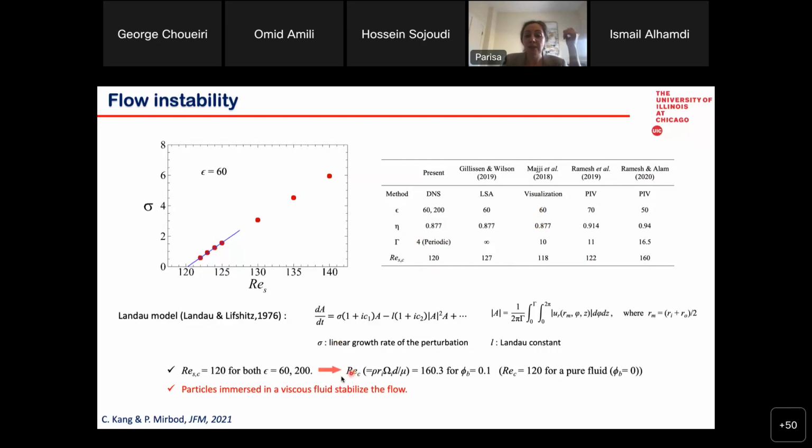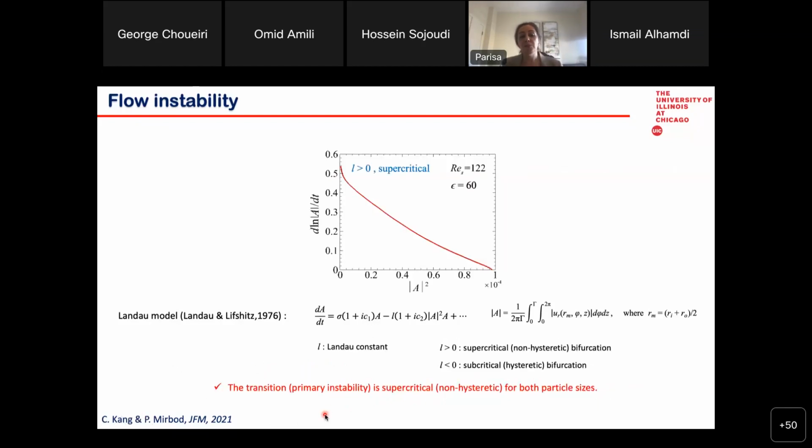It should be mentioned that this critical Reynolds number is based on the viscosity of the suspension. If we consider the viscosity of the pure fluid instead, the critical Reynolds number ended up being around 160 for a concentration of 10%, while for the same scenario we know that for pure fluid the critical Reynolds number occurs at 120. So this means that adding particles actually stabilizes the flow.